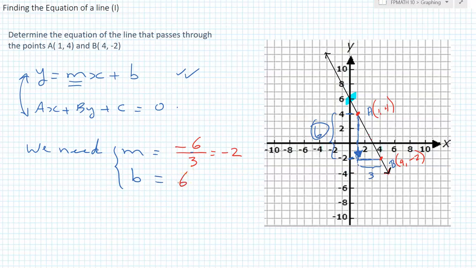All right, now you can write up the final equation. y equals minus 2x plus 6. And remember, minus 2 was your slope, and the y-intercept was your 6. And that's the equation of that line. And we did that purely using the graph.